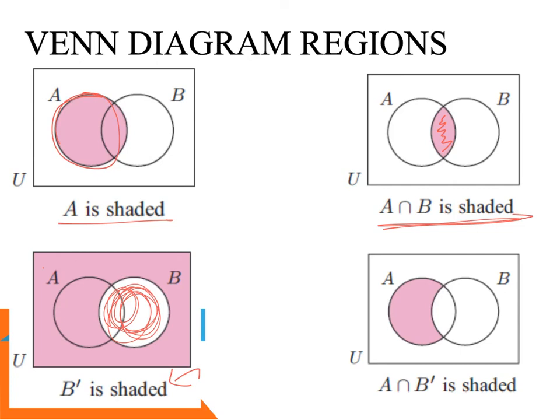And then this region over here is the intersection of A and the complement of B. So we look at the complement of B, which is everything not in B, so that would be this one right here. What do that and A have in common?